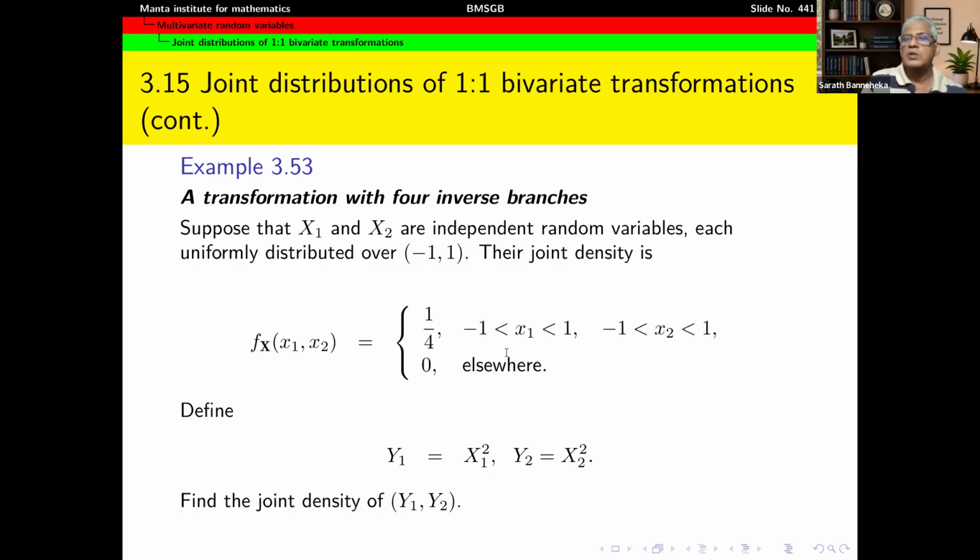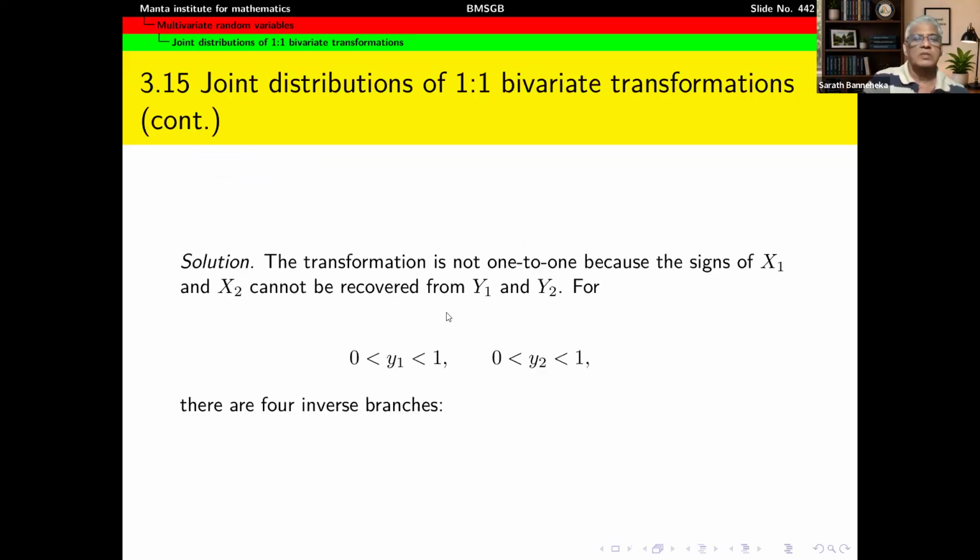X1, x2 can be any point in capital A, where capital B is, again, a square with one side 0 to 1, the other side 0 to 1. So the transformation is not one-to-one because the signs of x1 and x2 cannot be recovered from y1 and y2.